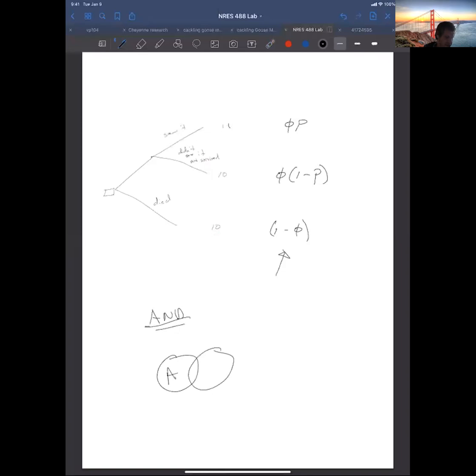If we have A and B, and you say, what's the probability of A and B? So that's this little area here. Well, we get that by saying the probability of A times the probability of B. Is that right?